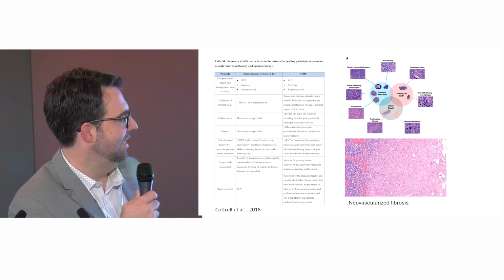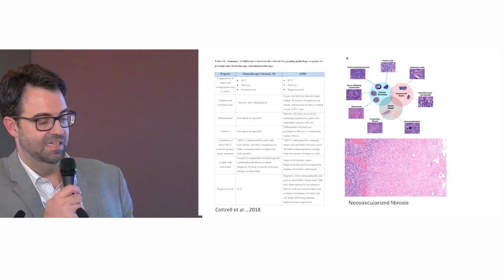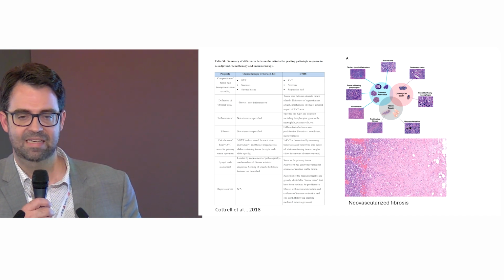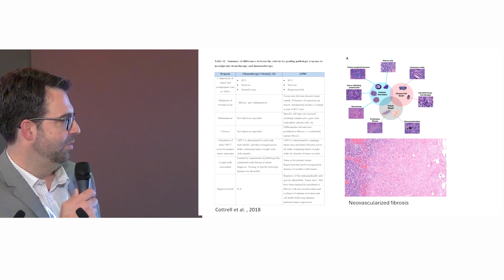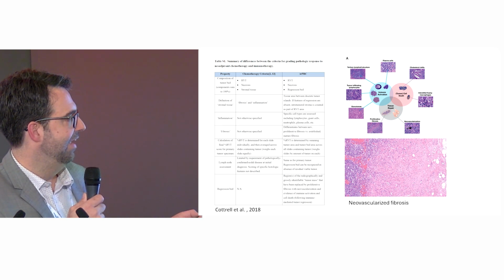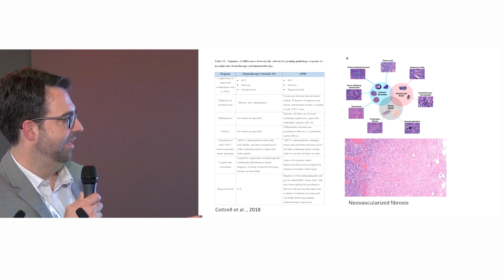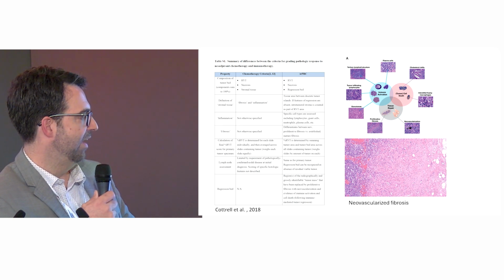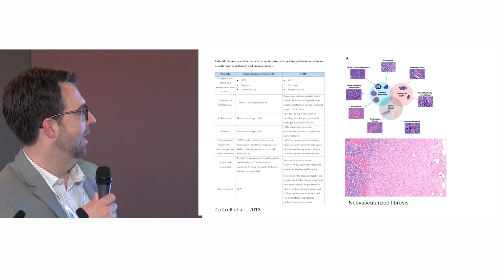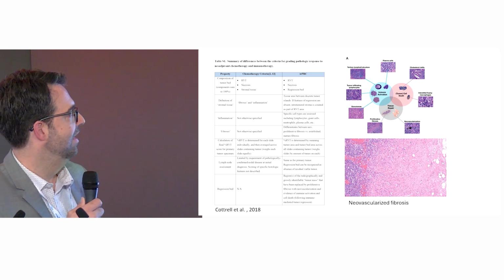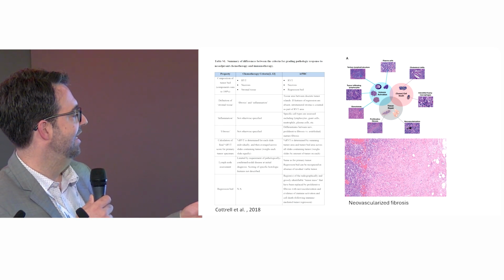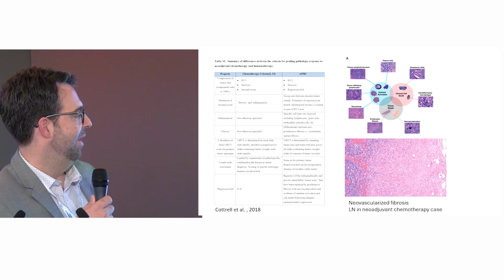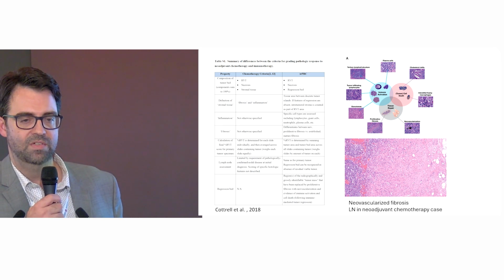And the calculations seem trivial, but for a pathologist, it actually is difficult to classify different elements to call something a regression bed versus otherwise. This is an example of a neovascularized fibrosis. This is in the lymph node, and it's supposed to be associated with the immune response score, but actually this is a lymph node with neoadjuvant chemotherapy only.